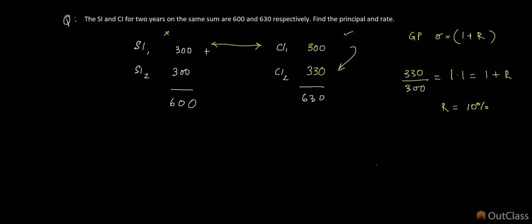You're using the common ratio of the GP to find the rate. And once you find the rate, you will say, I had a principal and 10% of that principal was 300. Therefore, the principal is 3000 rupees. So you can find both the principal and the rate. This is the first method.